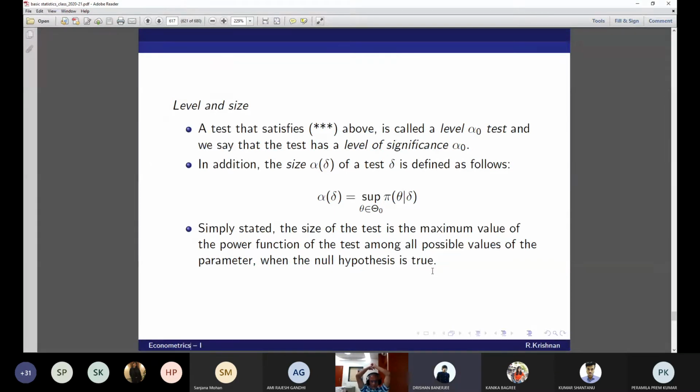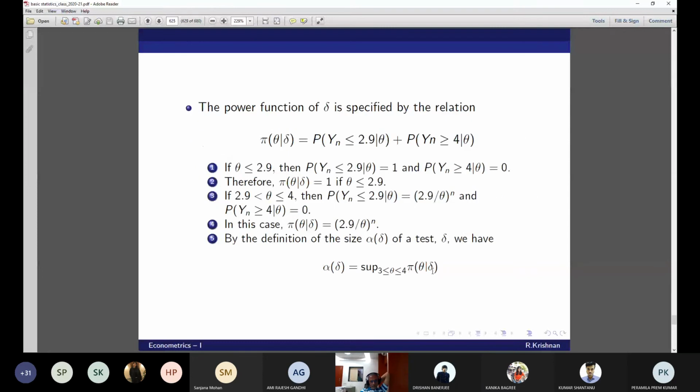Sir, can you please go to the last slide which you were showing? Is this okay? This is the one. Sir, I couldn't understand that alpha delta part.